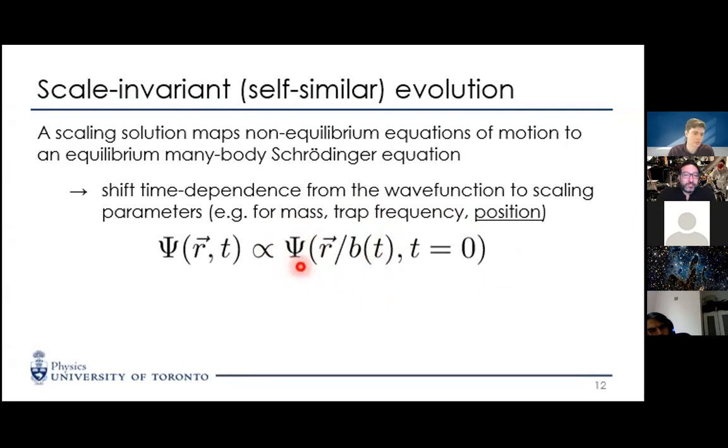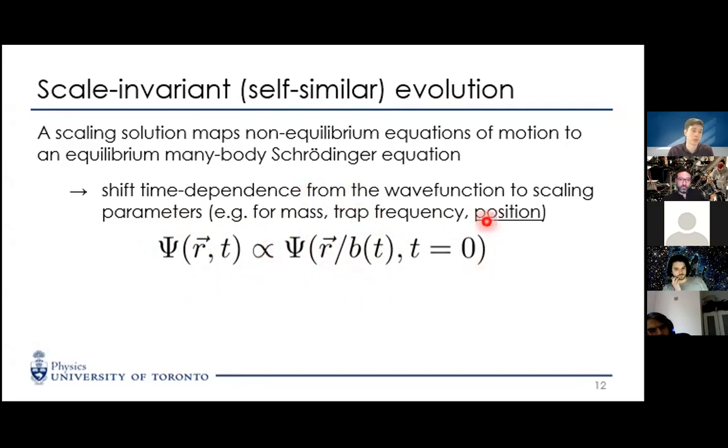Maybe here I actually should have labeled this psi as a different psi. So this psi on the right-hand side is one which obeys a time-independent equation of motion. But in the cases that we'll be paying attention to here, at t equals 0, we'll assume that our full non-equilibrium many-body wave function corresponds to the equilibrium state.